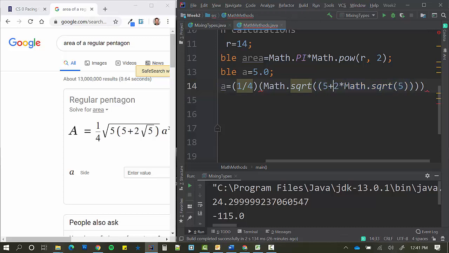Now, 2 times Math.sqrt 5. So that's the square root of 5 times 2 plus 5. That's this value right here. Okay? And I've got to have this whole thing times 5. So Math.sqrt times 1/4.